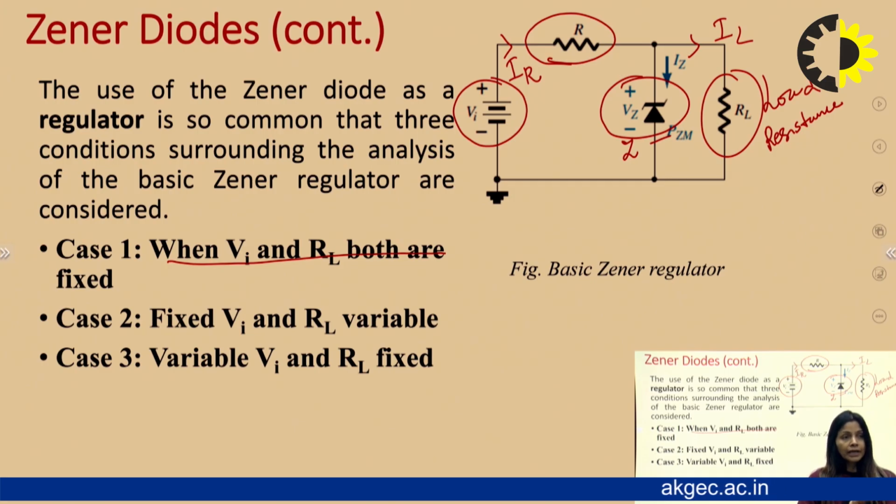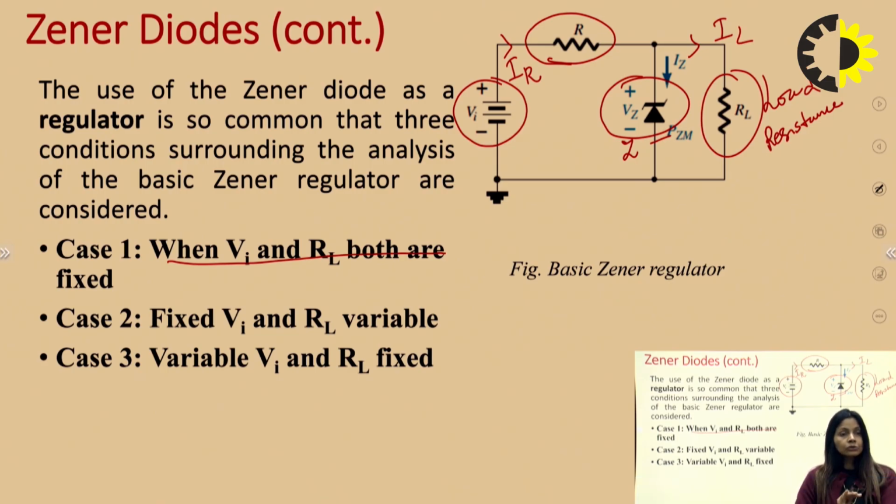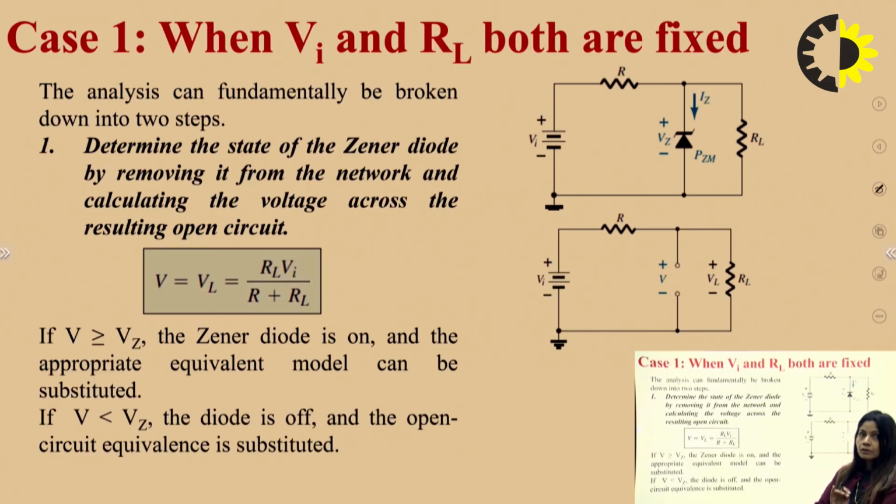Once Vi and RL are fixed, everything in this circuit is fixed, and the Zener diode will behave according to the voltage across its terminals. So this is the circuit which we are going to see.